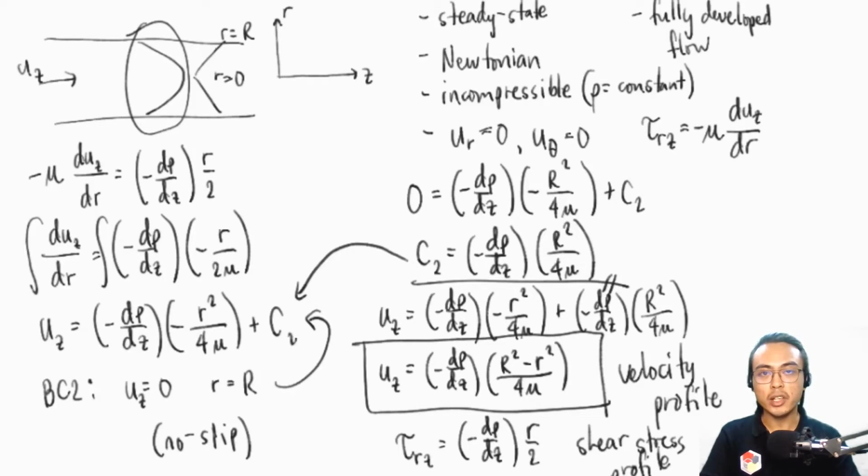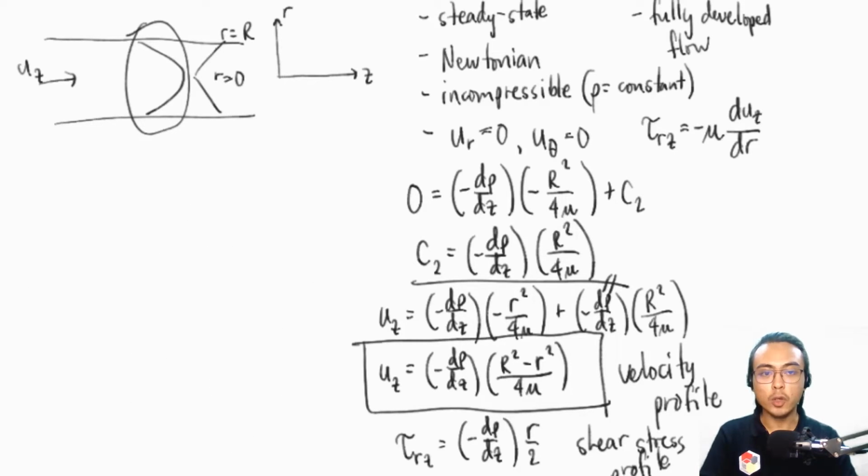pipe. And with this, we can now determine our equation for the maximum velocity. As we have noted from the parabolic velocity profile, the maximum velocity, Umax, exists if our position is 0. That means that we are at the center of the pipe. So try to substitute r is equal to 0 to our velocity profile and you will get the maximum velocity.